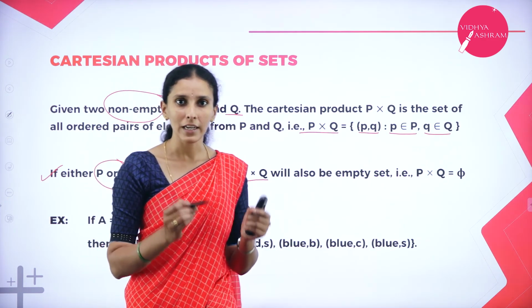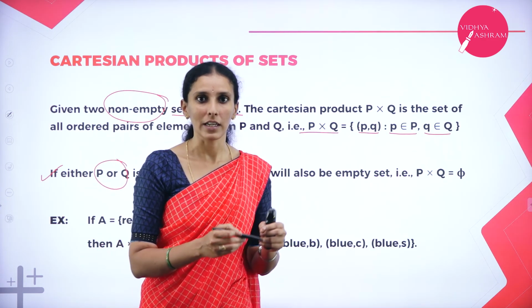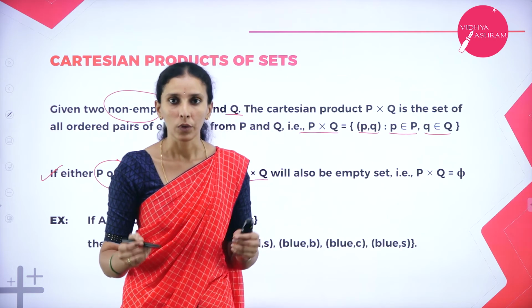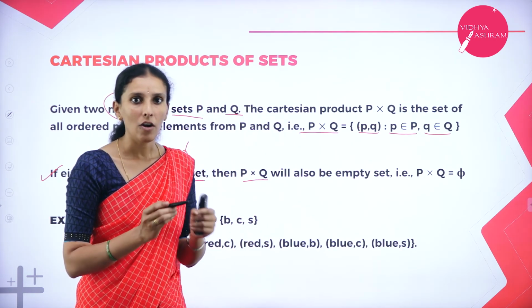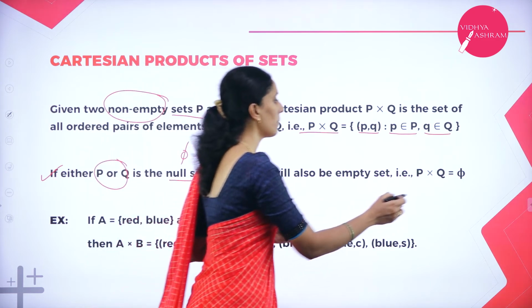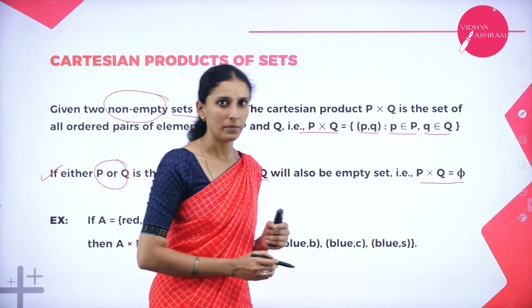If you don't have any elements in either P or Q, then you don't have any elements to pair and write an ordered pair. Therefore, P cross Q will be empty.